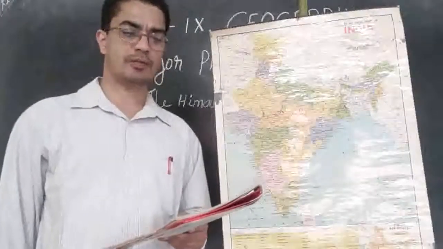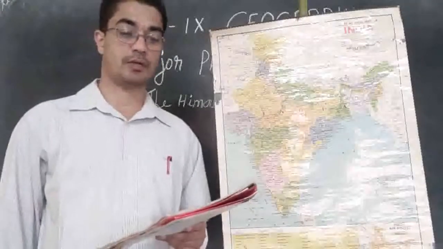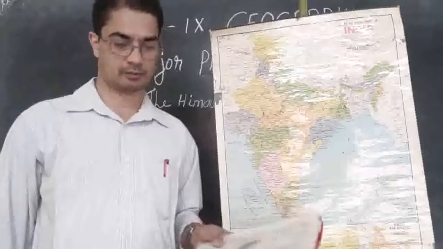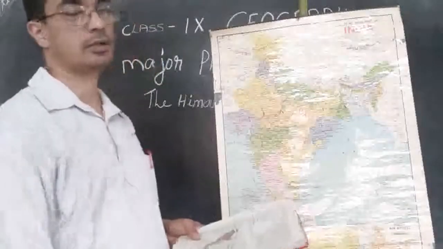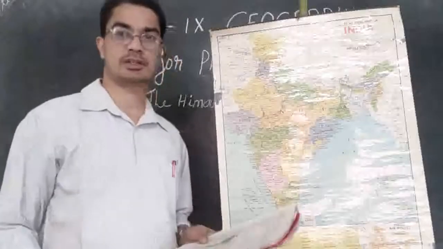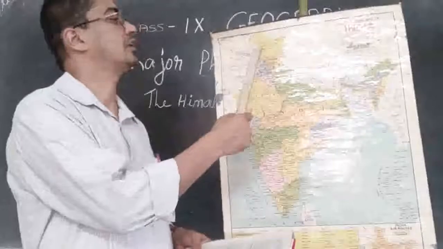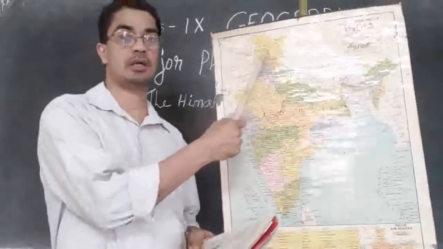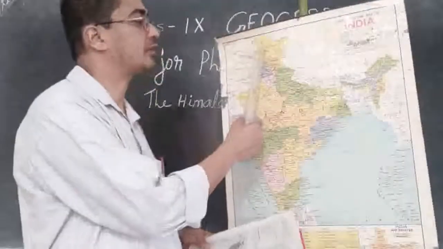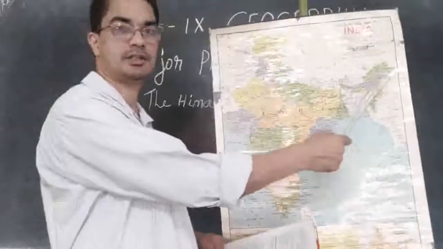Then these mountain ranges run in a west-east direction from the Indus to the Brahmaputra. So these mountains are starting from west to east. Starting from the western side where there is a river called Indus, it comes down and goes to the east.